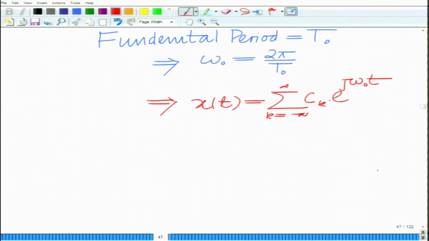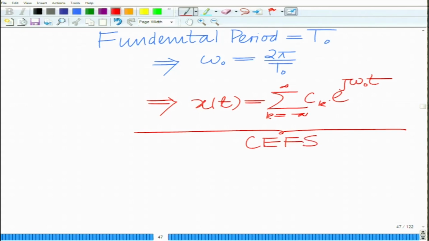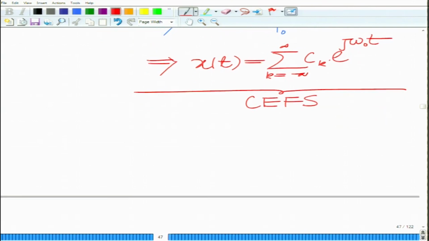So this is your CFS representation, the complex exponential Fourier series, because this is periodic with T naught, omega naught equals 2 pi by T naught. This is the CFS representation.